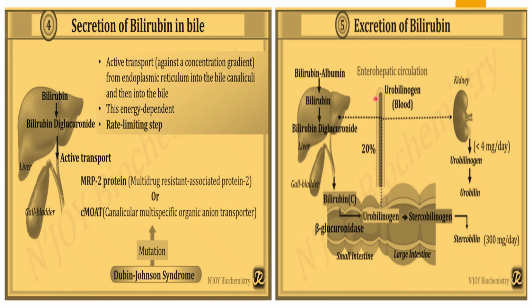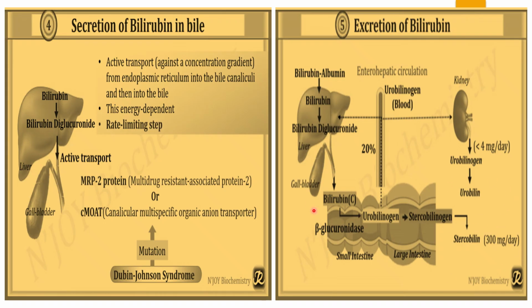Then a small amount of urobilinogen is taken up by the kidneys, and from the kidneys, it is excreted via urine in the form of urobilin. And this urobilin gives a straw yellow color to the urine. So less than 4 milligrams per day is excreted as urobilin.